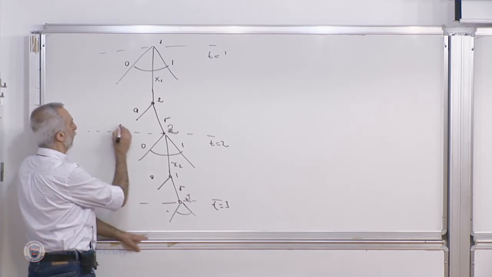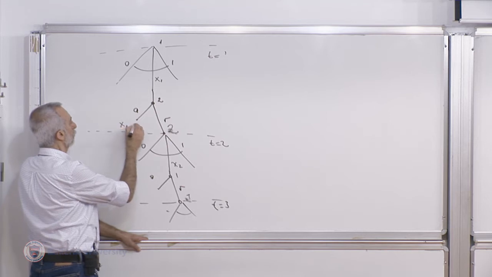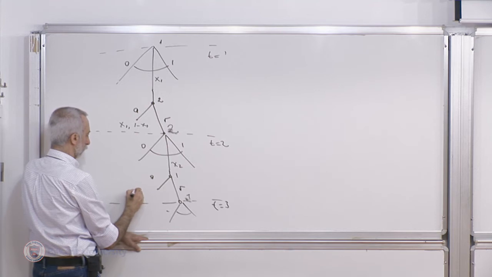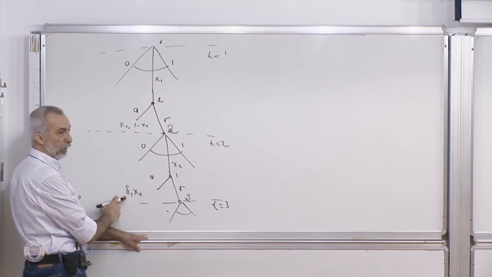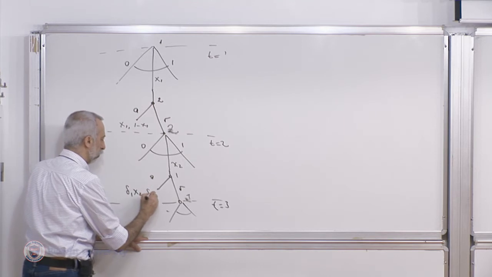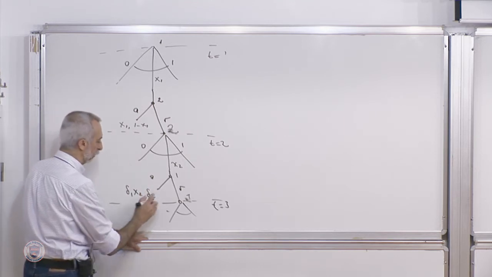So the payoffs we had were x1, 1 minus x1 here. Here, x2 times delta 1. Agent 1 discounts future payoffs at the rate of delta 1, and agent 2 discounts them at the rate of delta 2.